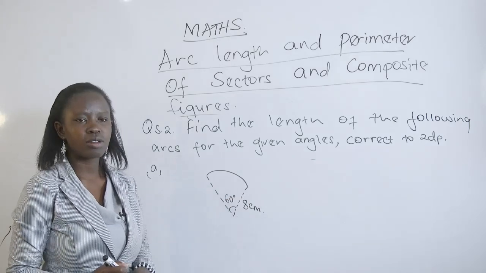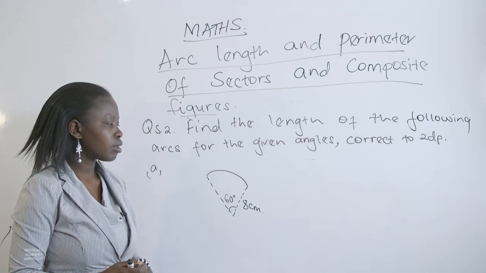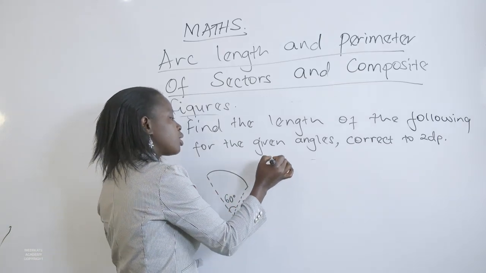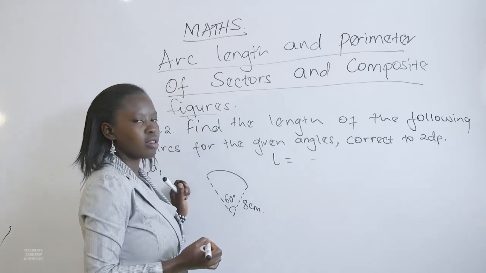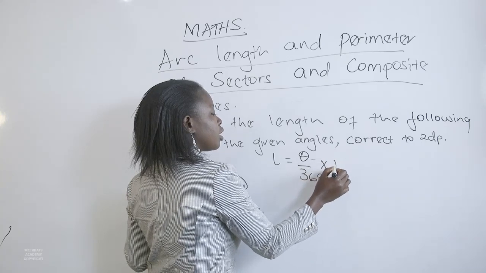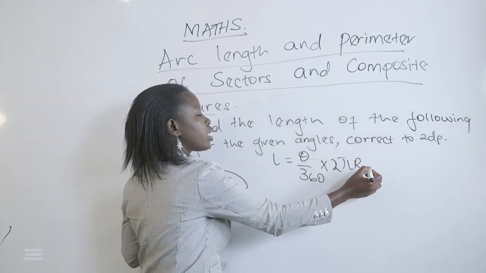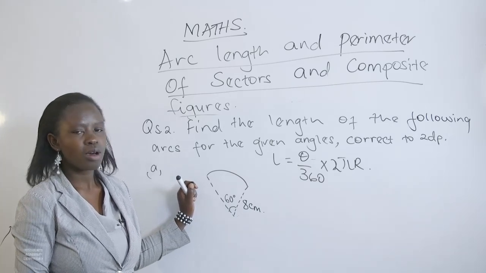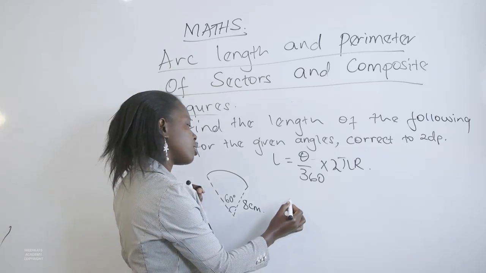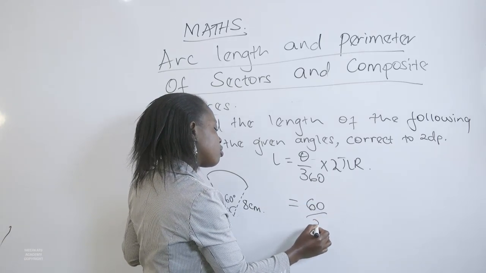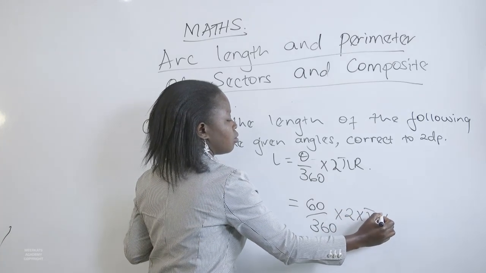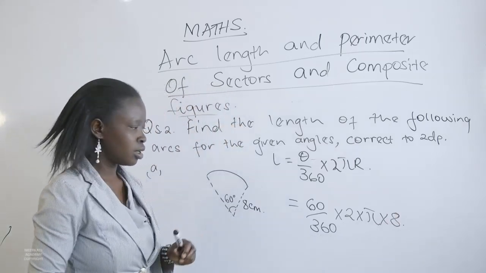The radius of that given circle is 8 centimeters, and we need to get the length of the arc. So how do we get the length of the arc? The length of the arc is given by theta over 360 multiplied by 2 pi r. So our theta is 60 divided by 360 times 2 times pi multiplied by 8.